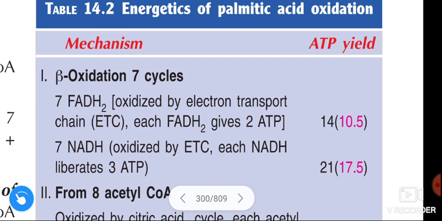Each FADH2 gives 1.5 ATP. If we consider 1 FADH2 gives 2 ATP, 7 into 2, that is 14 ATP, but we are considering that 1 FADH2 gives only 1.5 ATP. That means 7 into 1.5, 10.5 ATP.